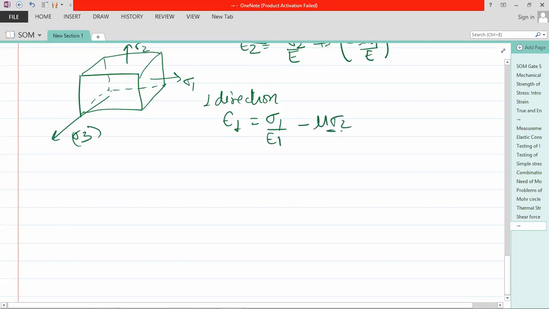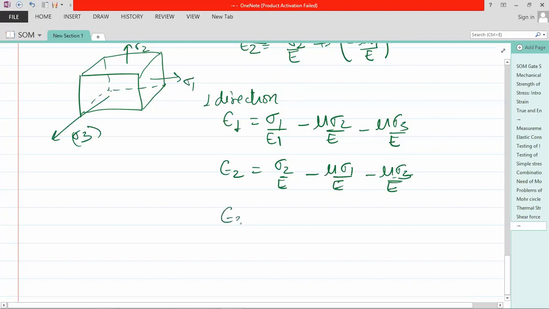Epsilon 1 is sigma 1 by E minus mu times sigma 2 by E minus mu times sigma 3 by E. Epsilon 2 in the second direction is sigma 2 by E minus mu times sigma 1 by E minus mu times sigma 3 by E. And epsilon 3 is equal to sigma 3 by E minus mu times sigma 1 by E minus mu times sigma 2 by E. Okay, you know where I'm getting this relation?